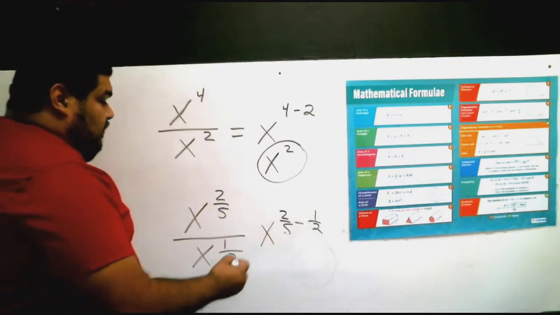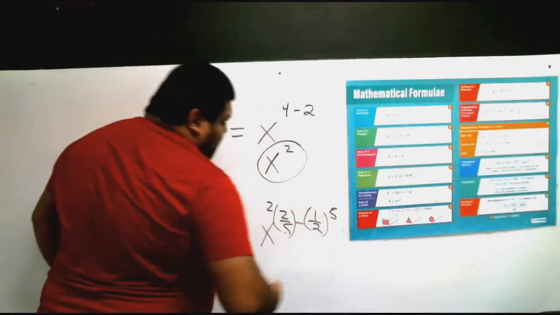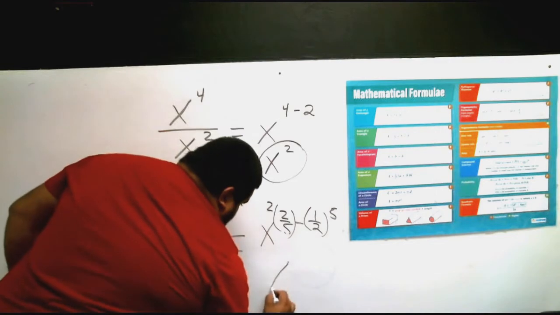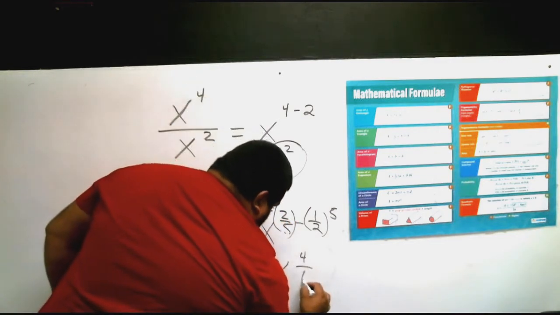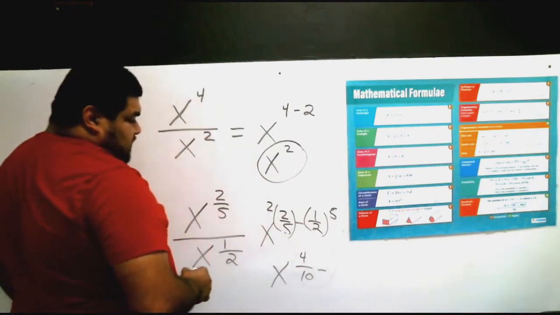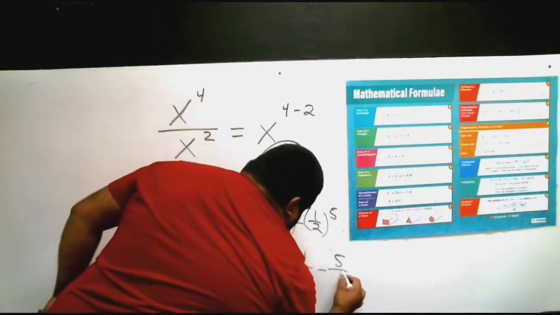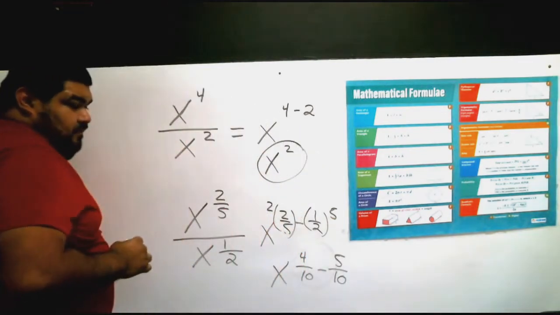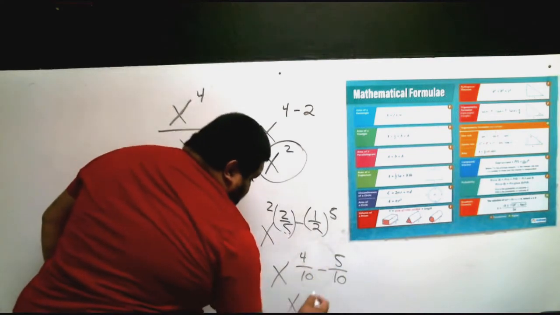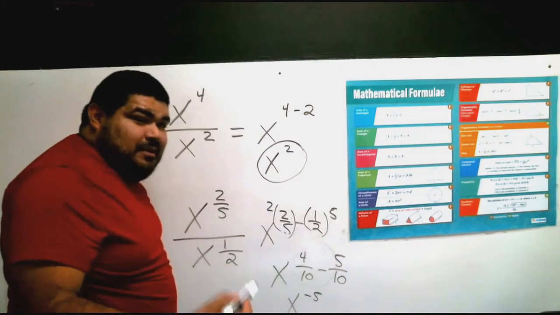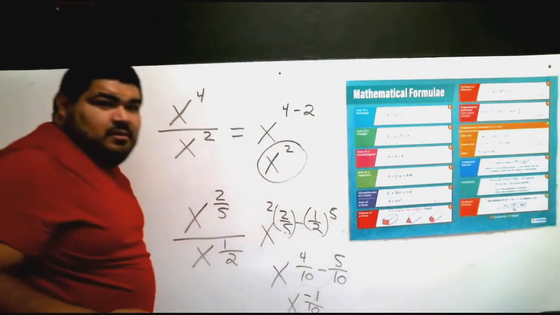If you guys remember from the previous one, I used the same numbers. So we have to alter the 2/5 by 2 and the 1/2 by 5. So your answer is x to the 2 times 2 is 4 over 10 minus 5 times 1 is 5 over 10. So x to the 4 minus 5, which is negative 1. Keep the same denominator, 10.